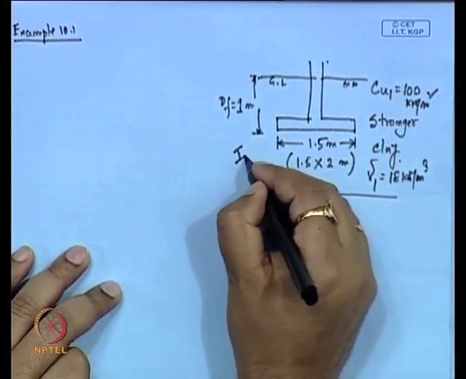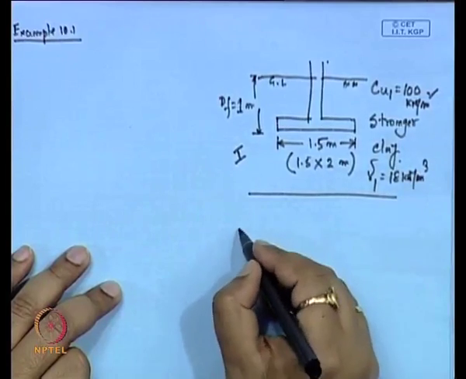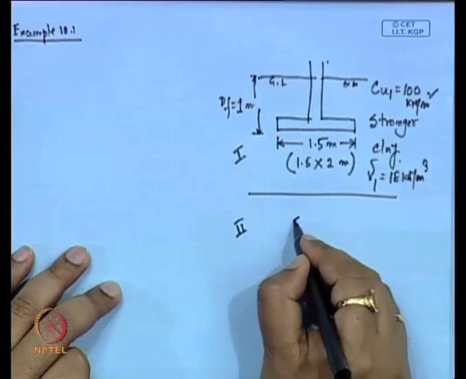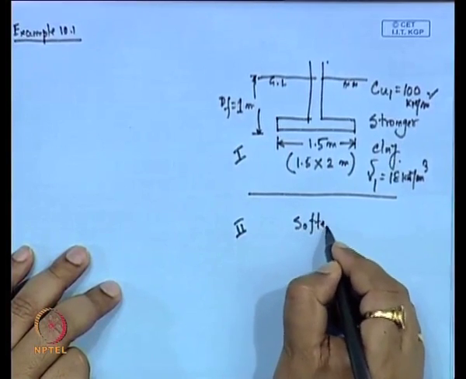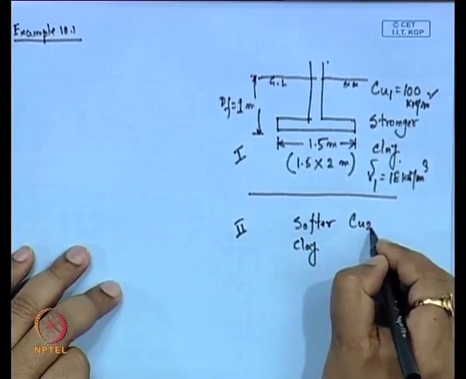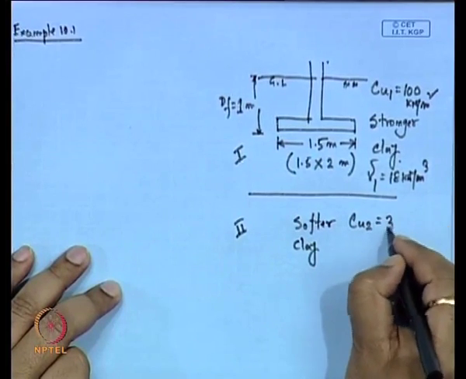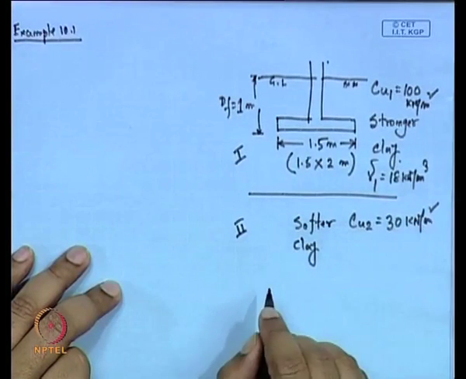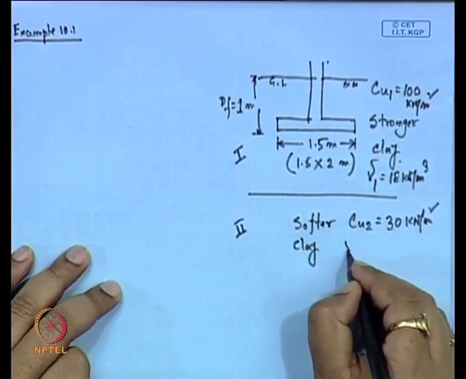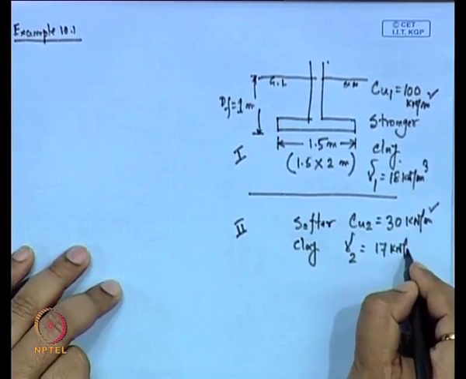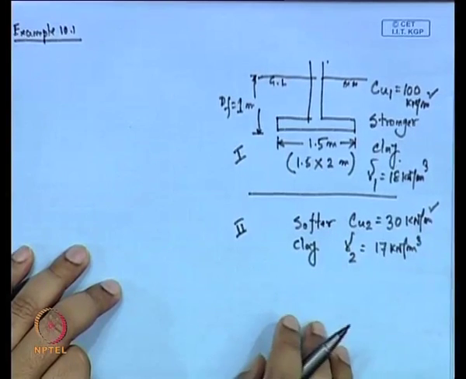So, this is layer 1 which is stronger clay, and this is layer 2 which is softer clay, whose Cu2 is equal to 30 kilonewton per meter square and gamma 2 is 17 kilonewton per meter cube.